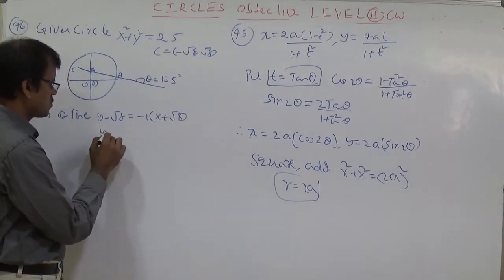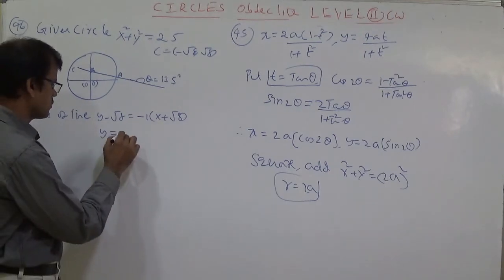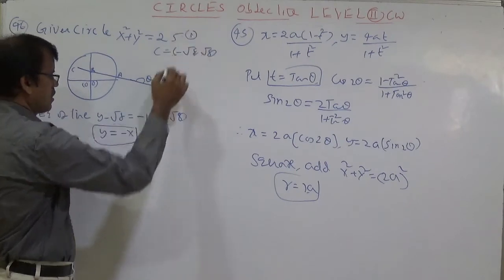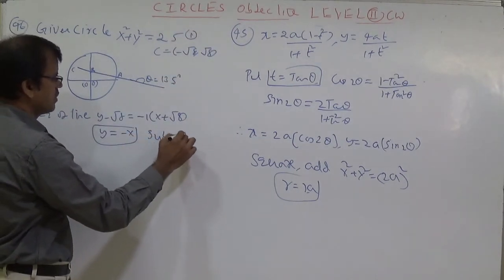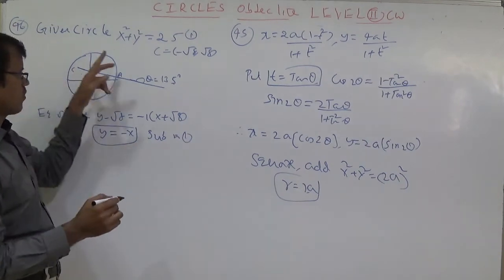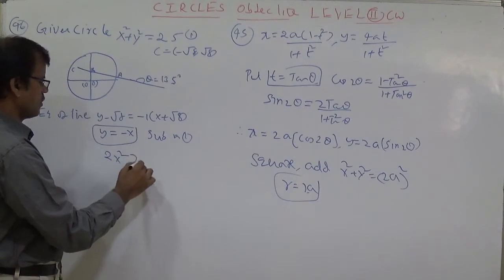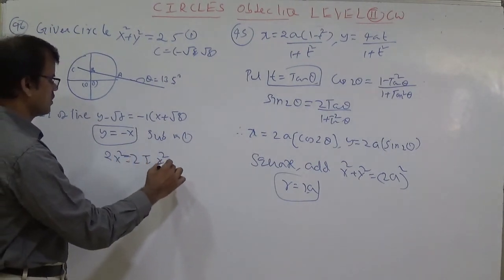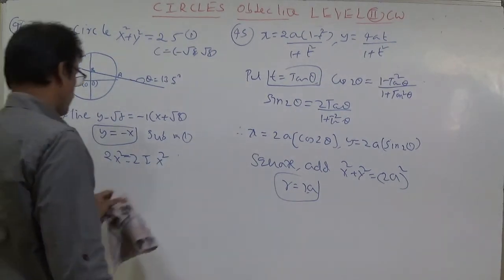That implies y is equal to minus x. Substituting y equal to minus x in the circle, you get x square plus (minus x) whole square, so 2x square is equal to 25, x square is equal to 25 by 2, x is equal to plus or minus 5 by root 2.